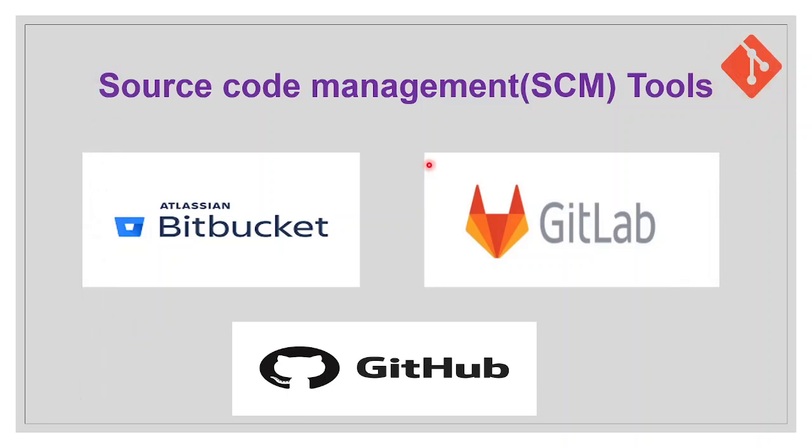These are various source code management tools or servers, we can say. The most popular ones are Bitbucket, GitLab, and GitHub. We have different variants of them, but they all behave the same way. All are version control tools, which are distributed ones.